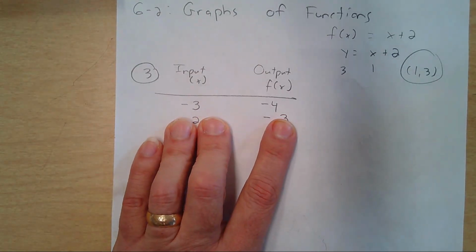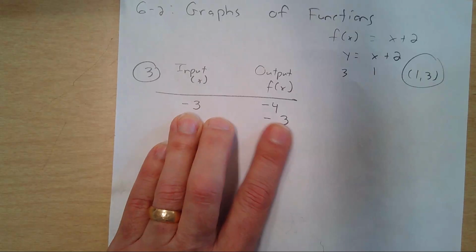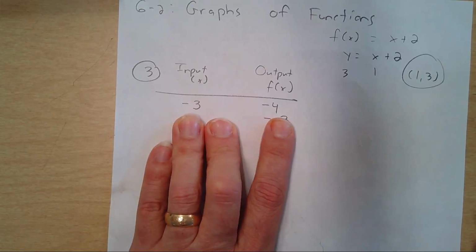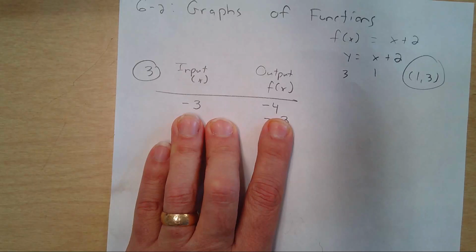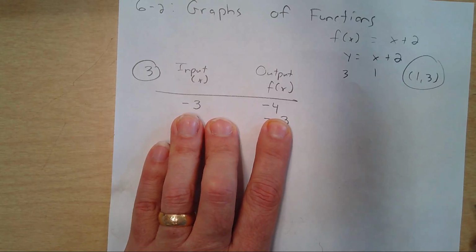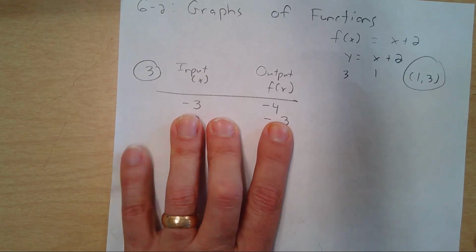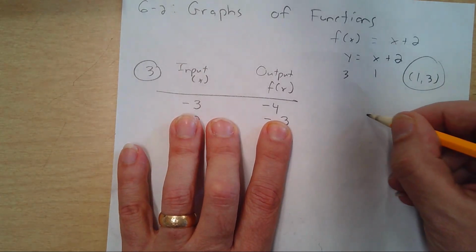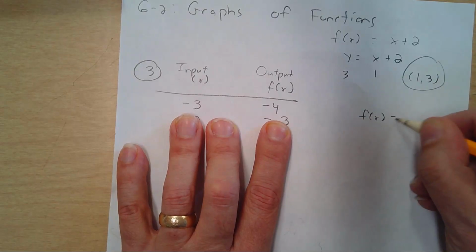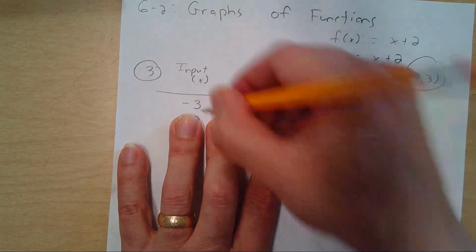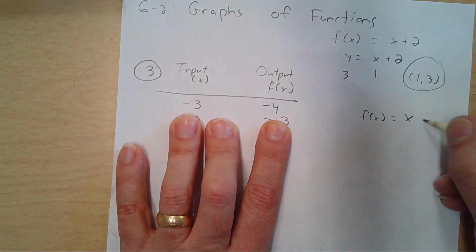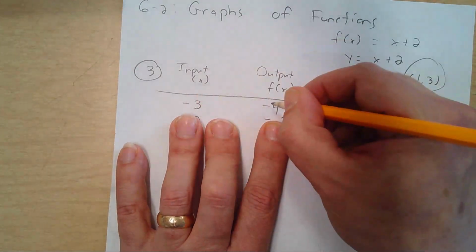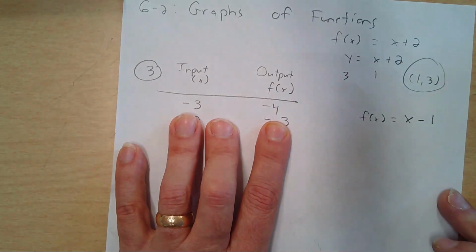So my question to you is, if I started at -3 and ended at -4, how did I get there? I subtracted 1 from the value, so I could say my f of x here equals whatever x was, in this case -3, and then I just subtract 1 from it, and I would get a -4.